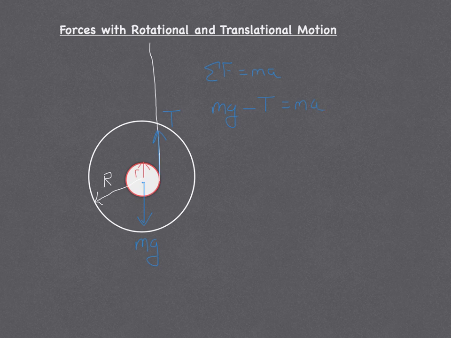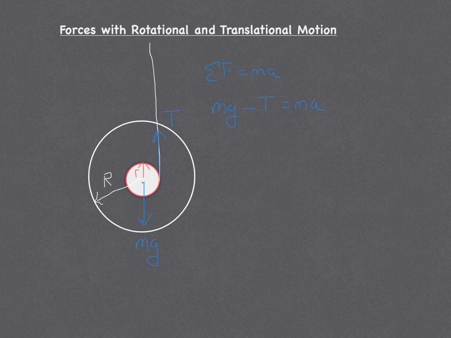Now if we look rotationally, we have one torque about the center of mass, and it's the tension that causes the torque. Now, I saw on the last WebAssign that some of us are still setting the tension equal to mg, even though the object is accelerating.